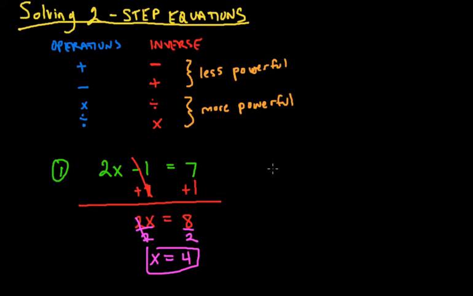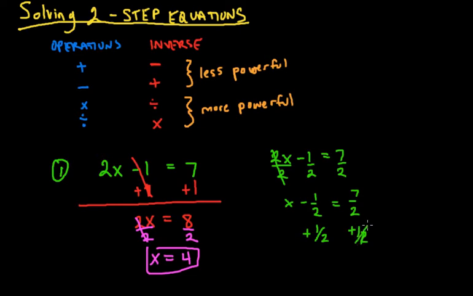I can solve for x by dividing by 2 first, but when I divide by 2, I have to divide everything by 2, and now I've got to worry about fractions. Ugh. So those cancel out, and I've got x minus a half equals 7 over 2. I want to add 1/2 to both sides.